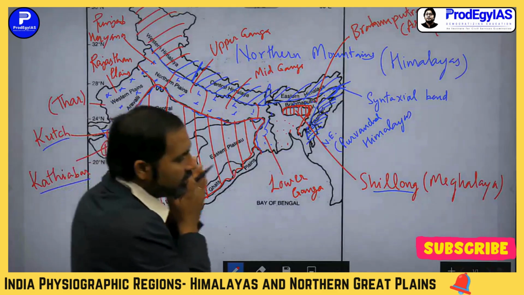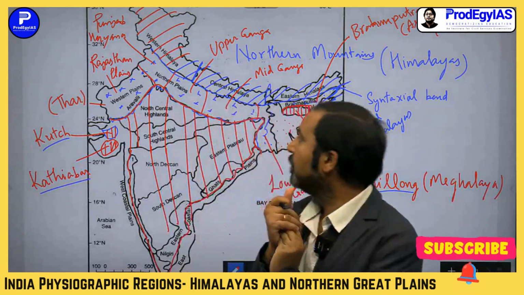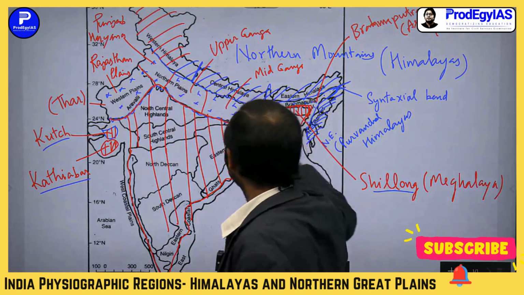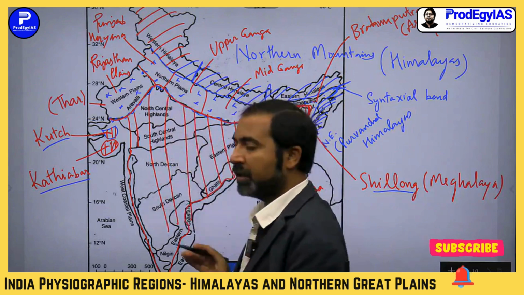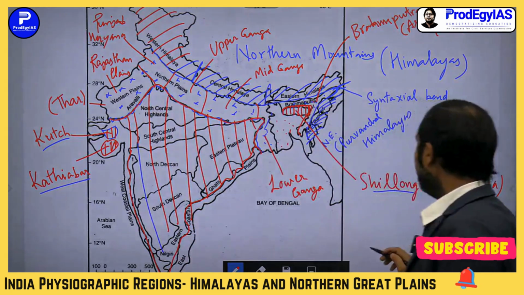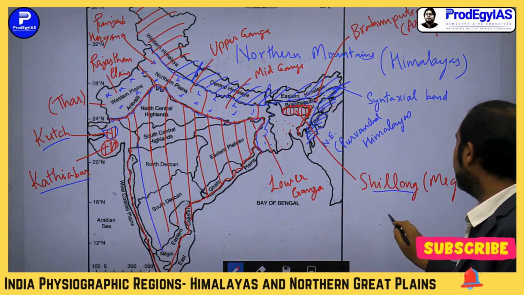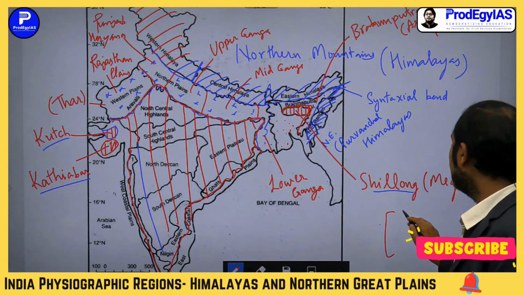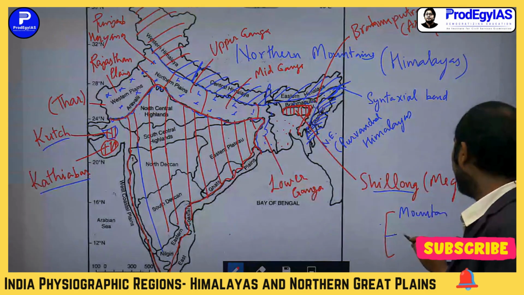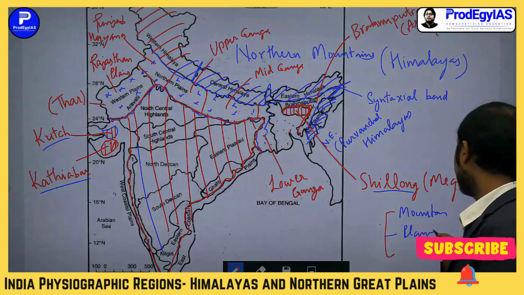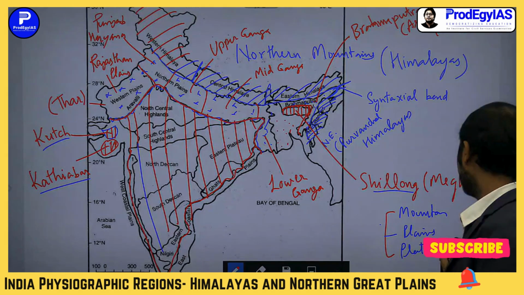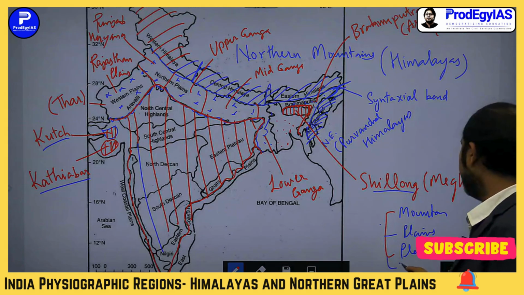Largely, this whole peninsular part is made up of plateau. Like northern part is largely made up of mountains, this middle part made up of plains, this southern part is made up of plateau. Right. So Indian subcontinent has largely three types of landforms. That is your mountains in northern part, in middle parts it has plains, in southern part it has plateau. Apart from that, it also has islands.